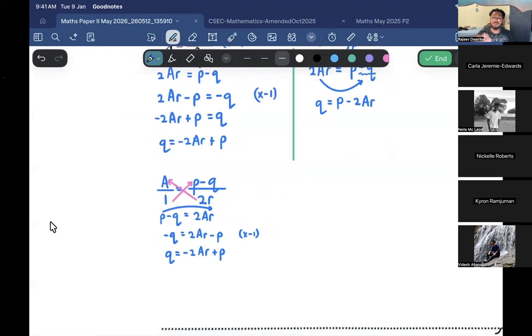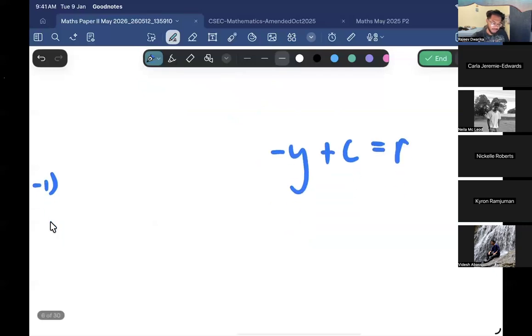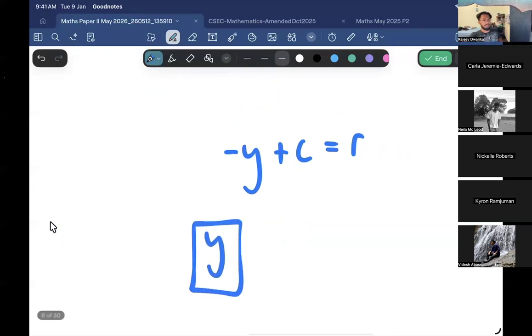Cool. So Videsh, anytime you try to make something the subject, let me just say you had negative y plus c is equal to r, and I wanted to make y the subject of the formula. How would I make y the subject there? You tell me. Multiply all by -1 and then just bring it across. Bring across what? The y or the c? The c. I like what you're thinking. So what's the first thing I should do? Multiply by -1.